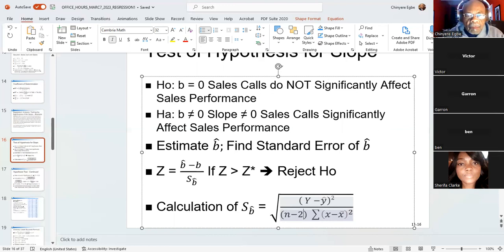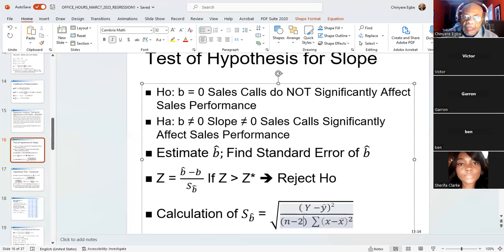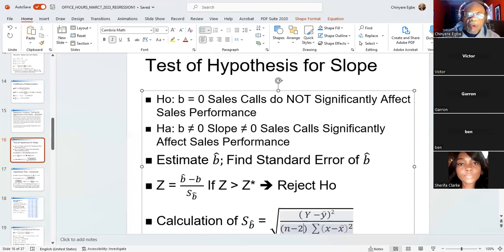Now the next thing is for us to test the hypothesis whether calls actually explain sales.